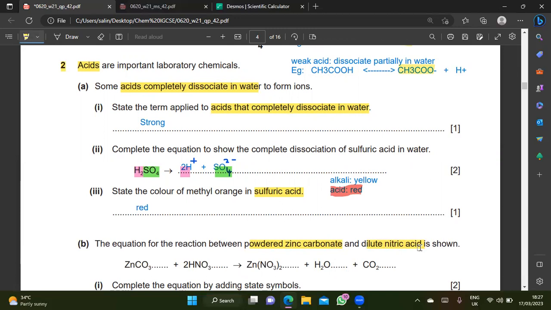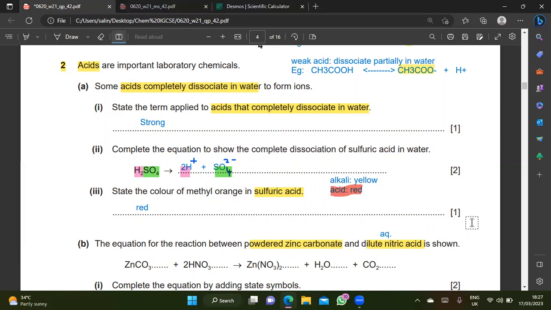With water. So meaning in aqueous. That's how we can remember. A dilute acid is always in aqueous solution because it's diluted with water. Okay, what did they ask you?